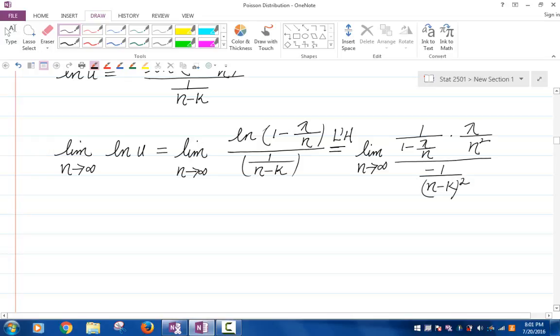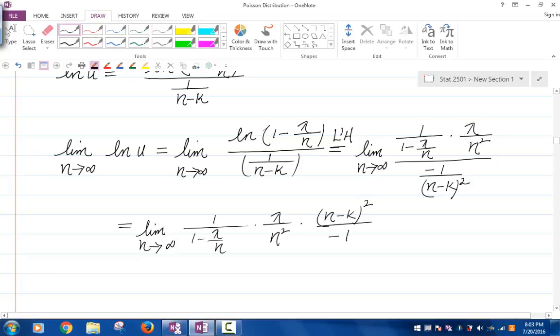This would be equal to the limit as n goes to infinity of 1 over 1 minus lambda over n times lambda over n squared times n minus k squared over negative 1.